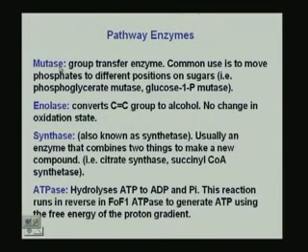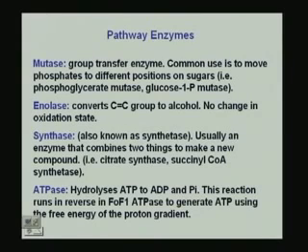We have mutases that are actually group transfer enzymes. They transfer phosphate from one position of the substrate to another position. So, say you have glucose 1-phosphate. To form glucose 6-phosphate, you will need a mutase.